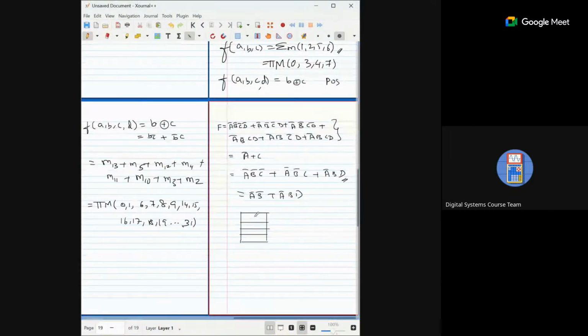Maybe you can understand this method from next week onwards. This is a Karnaugh map. I'm just verifying, that's why A, B, C, D. So A bar, B bar, C bar, D, and A bar, B, C, D. This is 1, 0, 0, 1, 0, 0, 0, 1, 1, then 1, 0, 1, 0, 1.